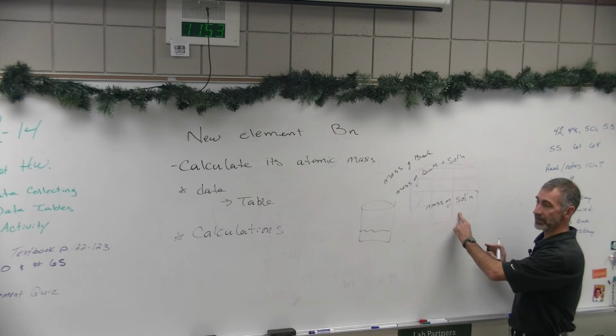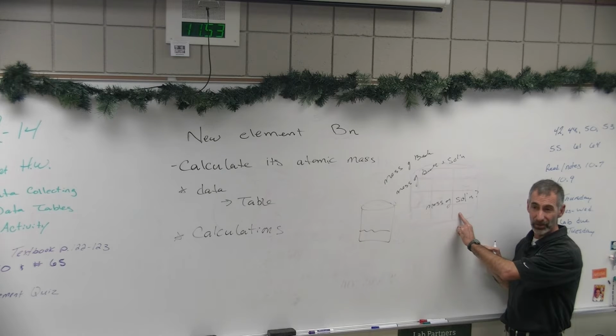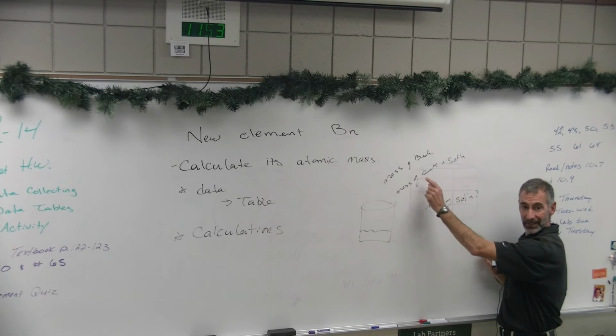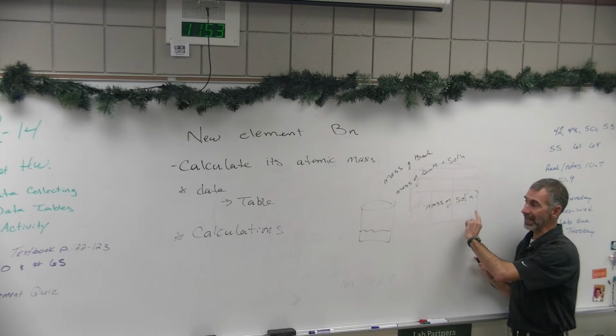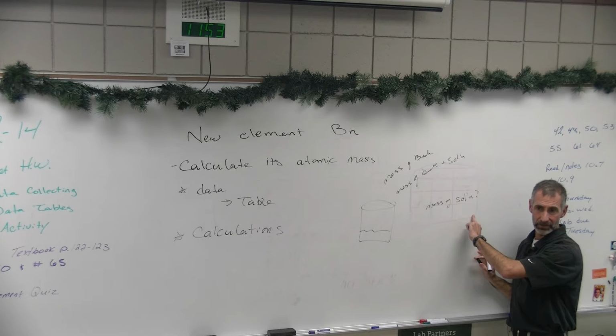Can I measure the mass of my solution directly? No. But I can take my data and do a calculation and solve for my mass. Okay, I need to see that calculation.